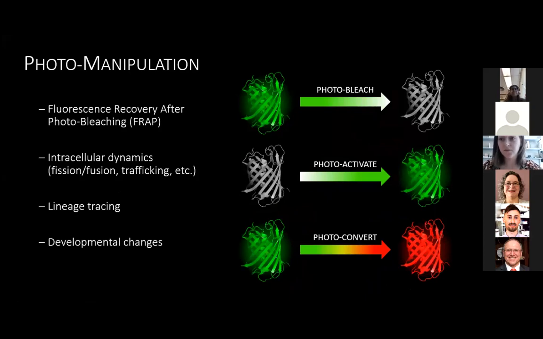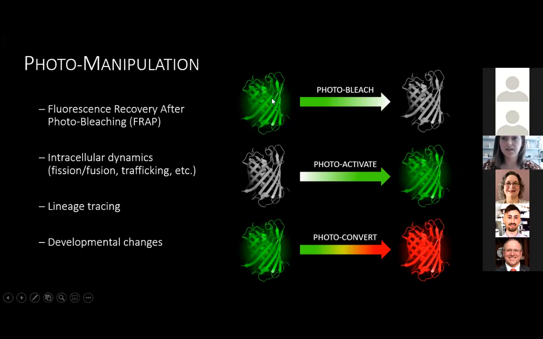If you're doing live imaging, something that you can do is dive into something called photo manipulation, where you have specific endogenously expressed fluorescent proteins or dyes that have been added, as long as they have these properties, and you can manipulate them using light to find out specific information. So for example, one of the most common types of photo manipulation, because it's the easiest to achieve, is called fluorescence recovery after photobleaching, or FRAP.